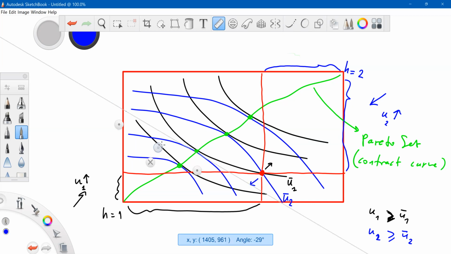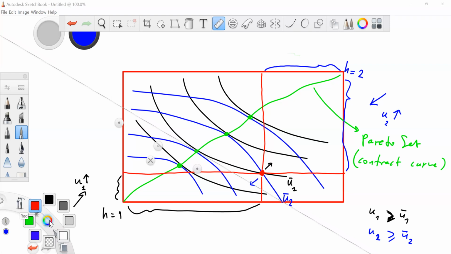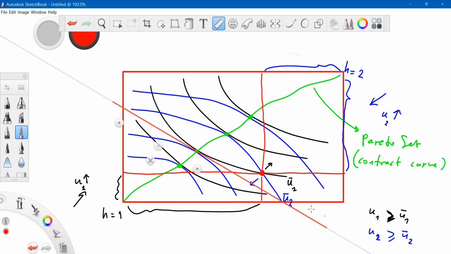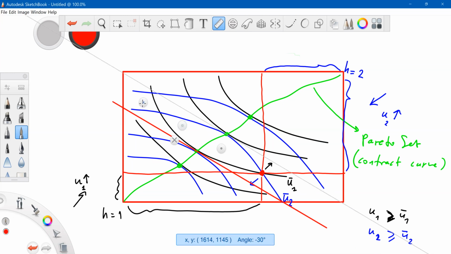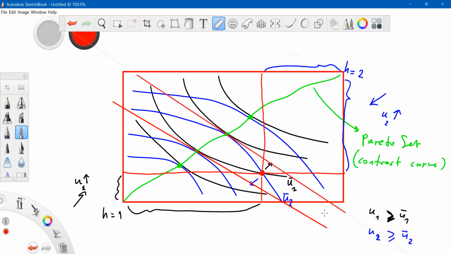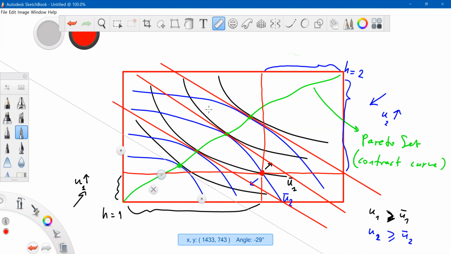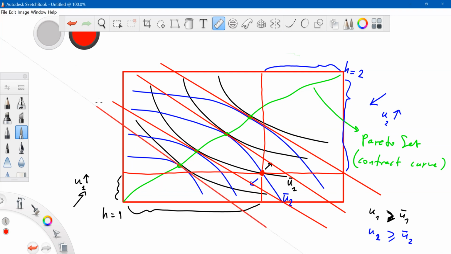For instance, here you have that, here you have that, here you have that. You see? Across all these points along the Pareto set, they can agree on the same set of prices.